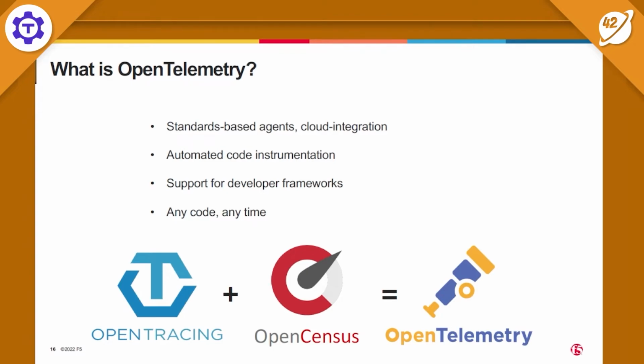OpenTracing and OpenCensus merged to form OpenTelemetry so that we had some backward compatibility for older implementations. And as we'll see, OpenTelemetry also considers how we work with existing applications in feeding any of those classes of data into the back end, where we can do the aggregation and analysis.